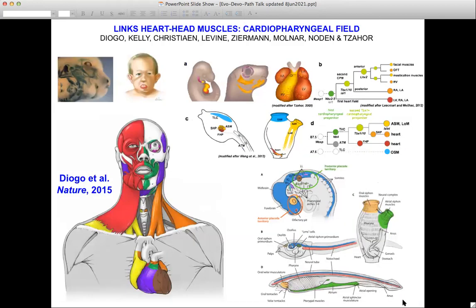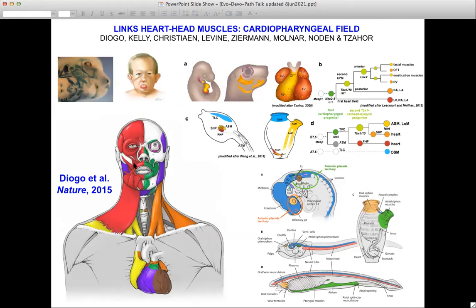So, really now talking more about EVO-DEVO-PATH. One of the main examples was a paper we published in Nature with a lot of colleagues that shows the amazing links between the head muscles and the heart muscles. Not only are they connected somehow evolutionarily and developmentally, they are amazingly connected in a way that a picture says more than 1,000 words.